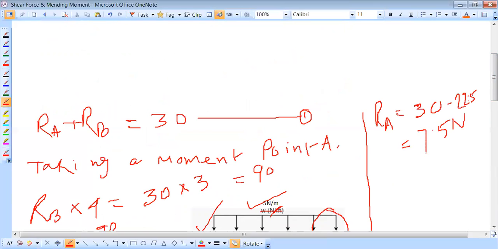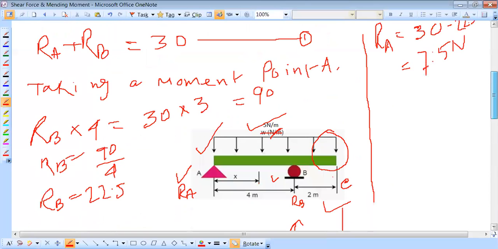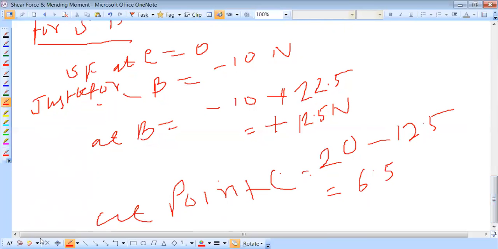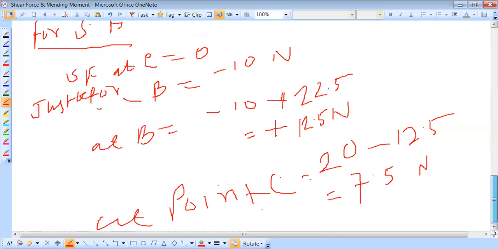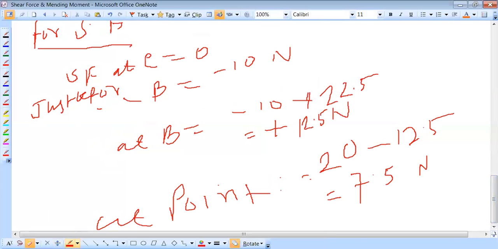Some mistake here, because our reactions RA and the reaction at point B have a similar value. So we can take 7.5. So we've already found that at point A.